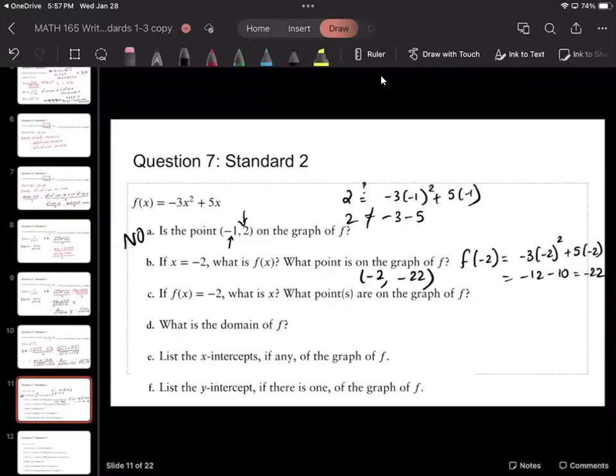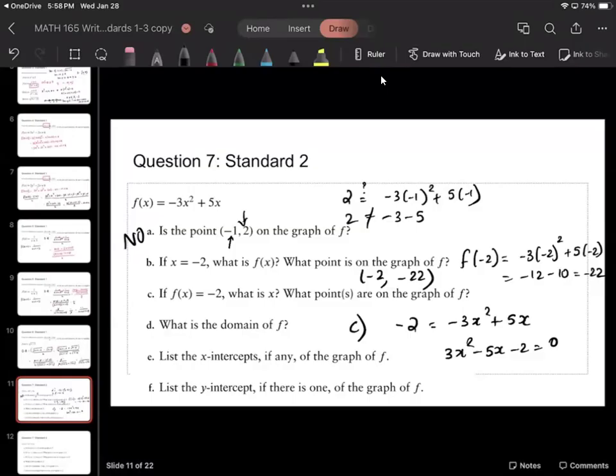In the next problem, the output is now negative 2, f of x is negative 2. What is x? So they're asking you to solve this equation to find out what x value will result in an output of negative 2. So to do that, let's bring everything over to the left side and set up an equation like this.